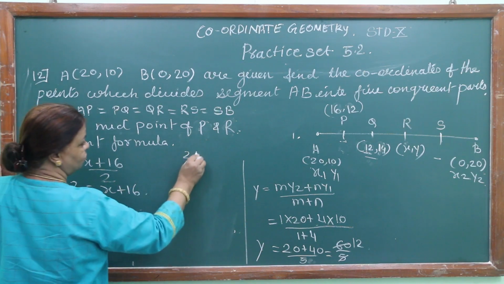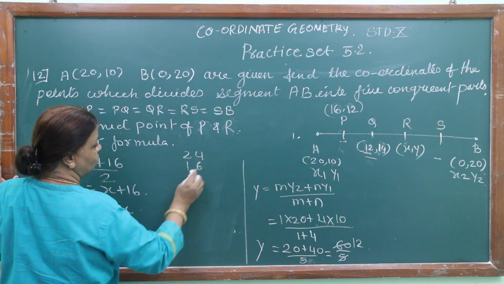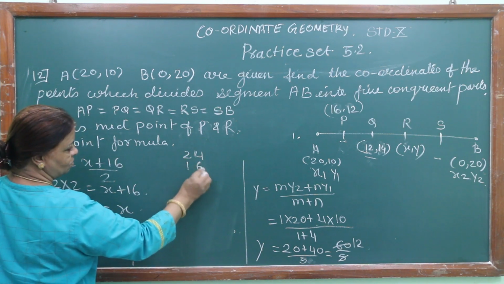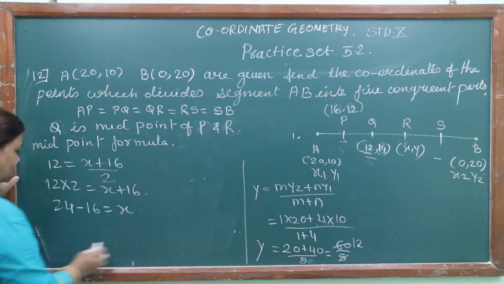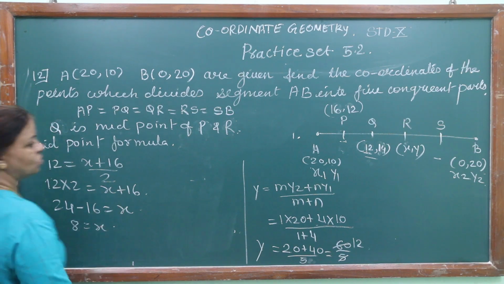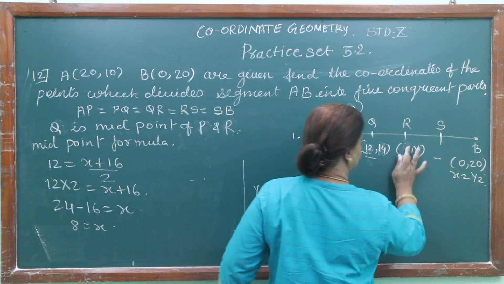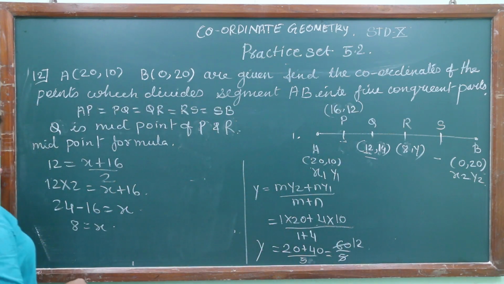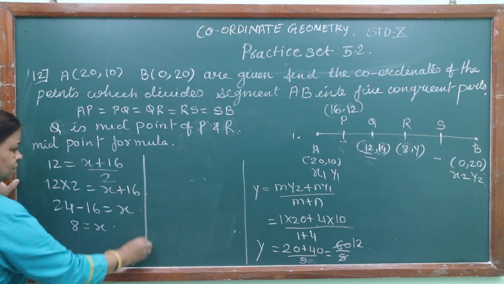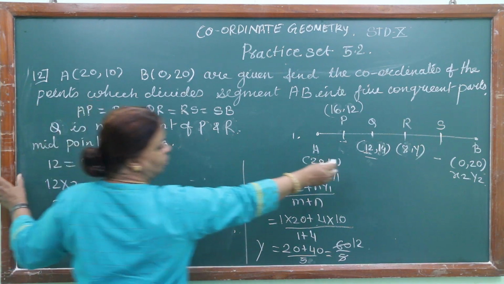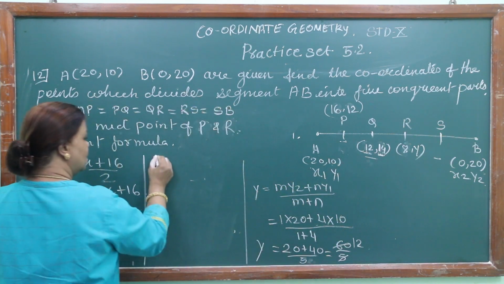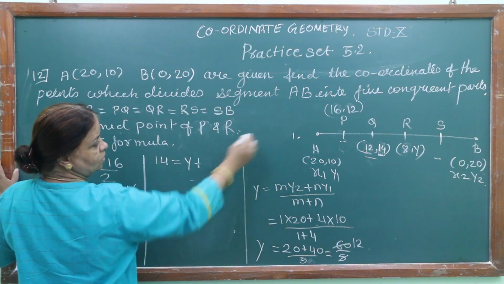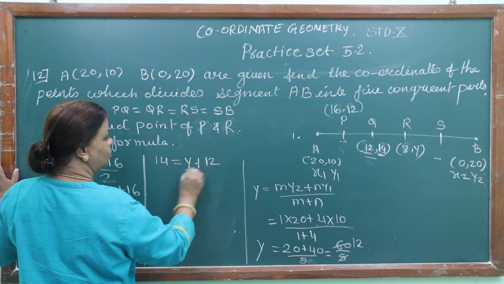So 24 minus 16 would be 8. Yeah, it will be 8. So x coordinate we got here 8. Now let us go for y coordinate. So this is the midpoint, na? So 14 is equal to y plus 12 upon 2.